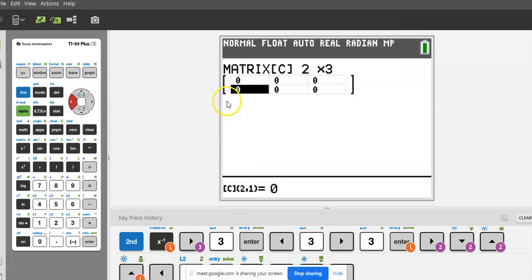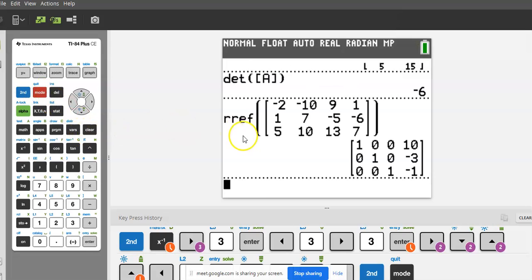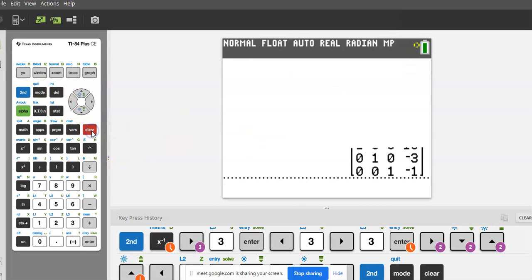You can see that even up here they've got brackets surrounding their spreadsheet kind of setup. Now if I'm not doing it in this part of my calculator, if I back out and go back to the home screen and clear it, you can make a matrix however you want to.